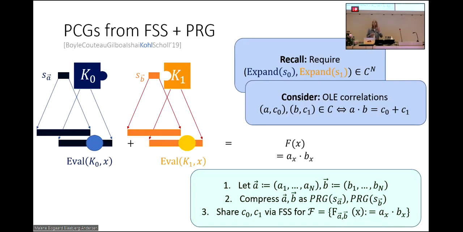And it's also not too difficult to see that this now gives all the required conditions, just because the PRG is pseudorandom, and we have the secret sharing property that even if I'm given one share, I cannot learn anything from the other share except that this function is in the function class, which is something we're okay with because this is just defining the correlation.